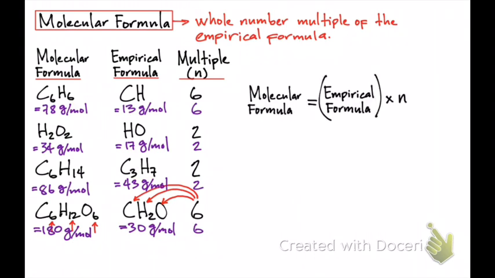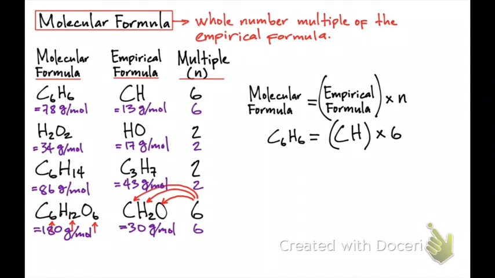All right, so in that case, we can formulate a formula. So you can see that the empirical formula multiplied by its n multiple, you get the molecular formula. So an example here is benzene, right? CH, multiply this by 6 and you get C6H6, the molecular formula for benzene.